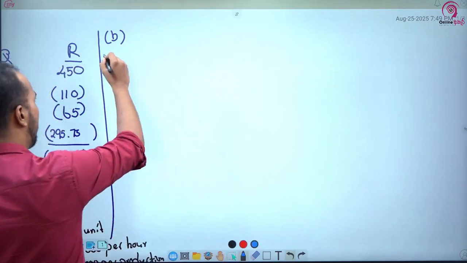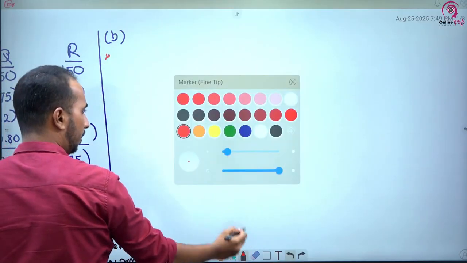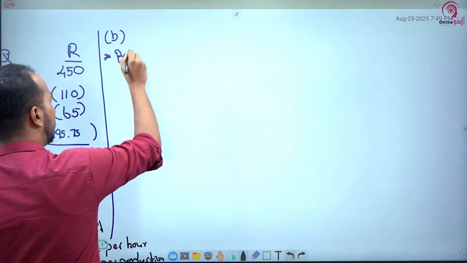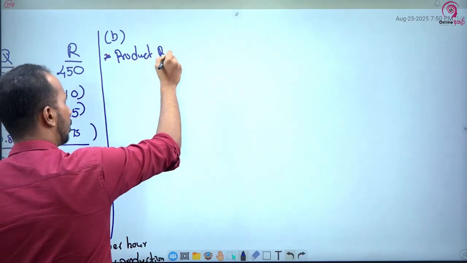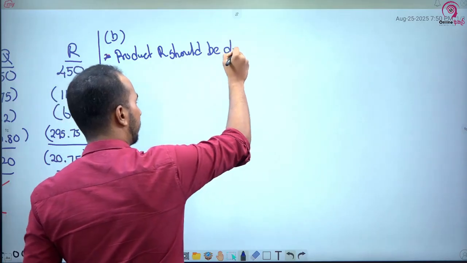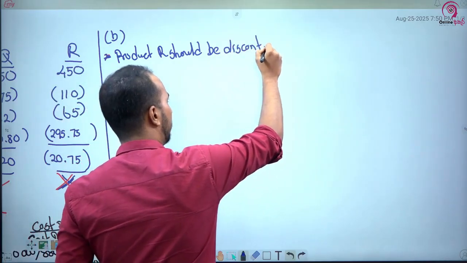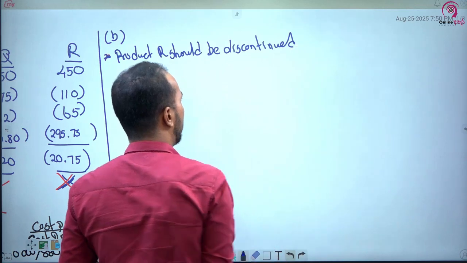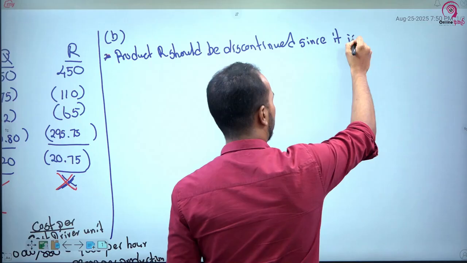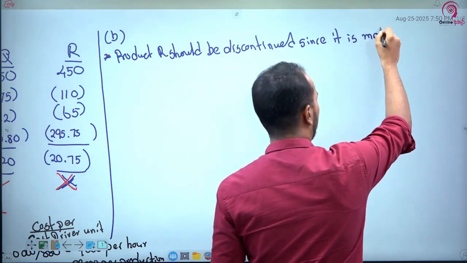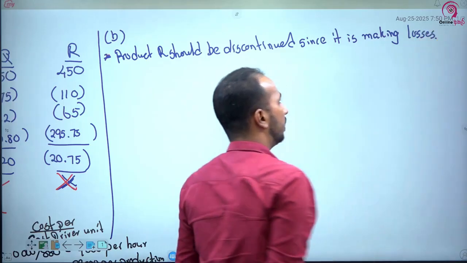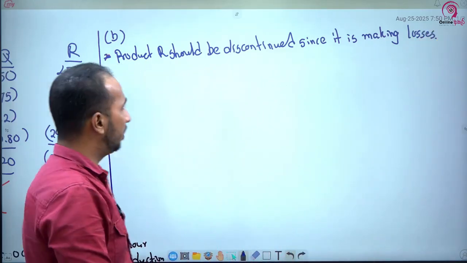I will write it in this way: Product R should be discontinued since it is making losses. So that is the first thing.